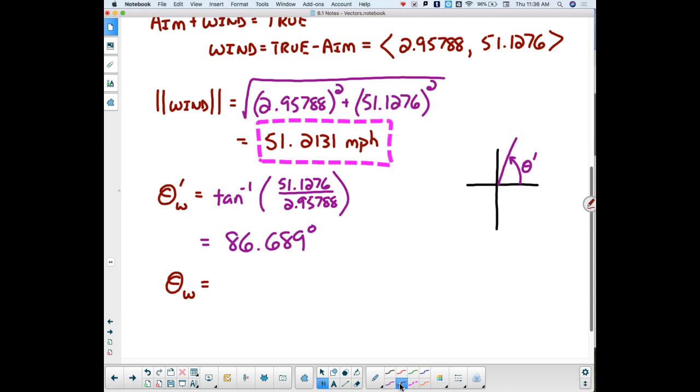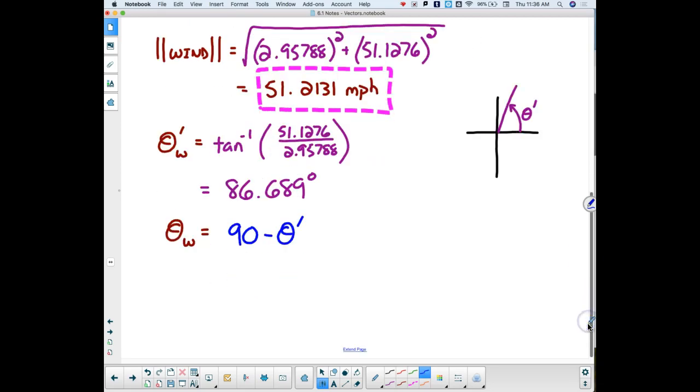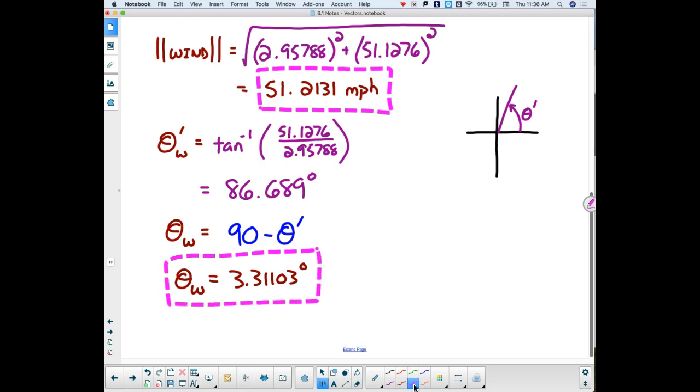How do I find my bearing angle in quadrant 1? 90 minus my reference angle. So my bearing angle of the wind is going to be 3.31103 degrees. Good, good times.